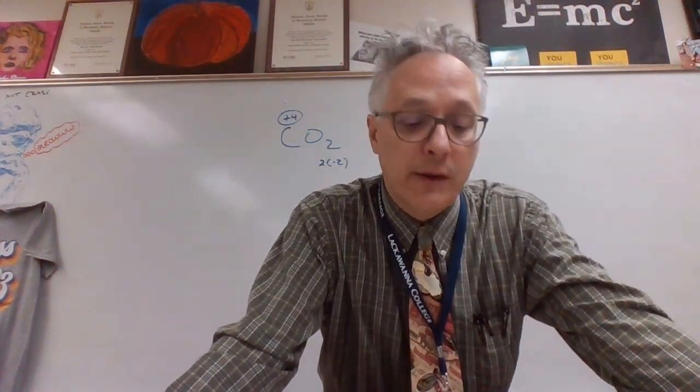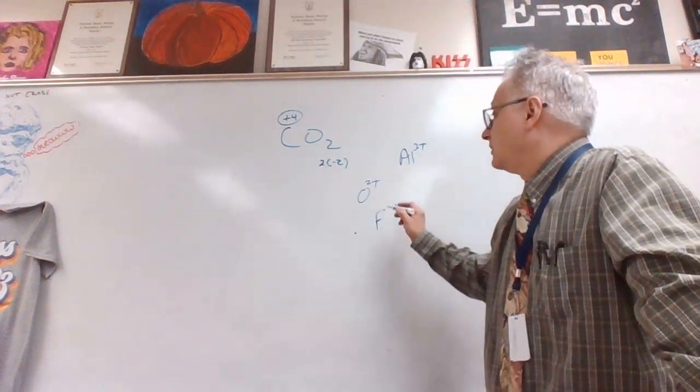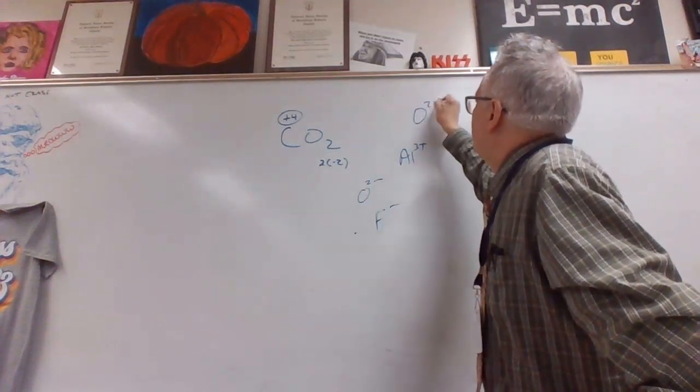Okay, now, this is where you need to start really following along with these rules. Oxygen is assigned an oxidation state of -2 in most covalent compounds. The exception is with peroxides, but we're not going to worry too much about peroxide, and that would be a -1. But for our purposes, you're always going to see an oxygen with a -2 oxidation state when it's combined with something else.